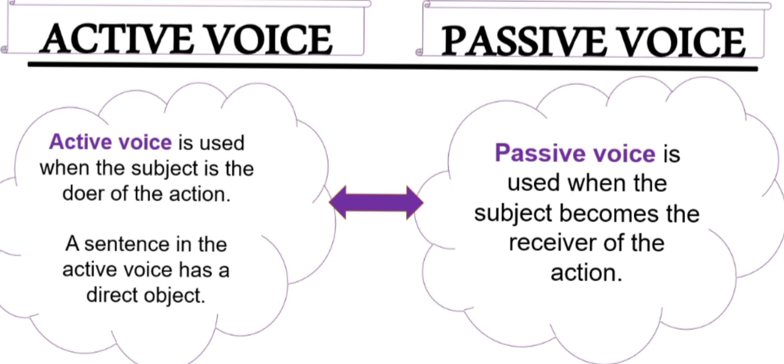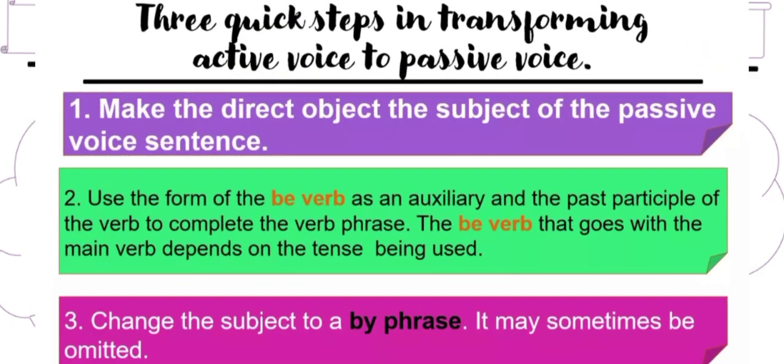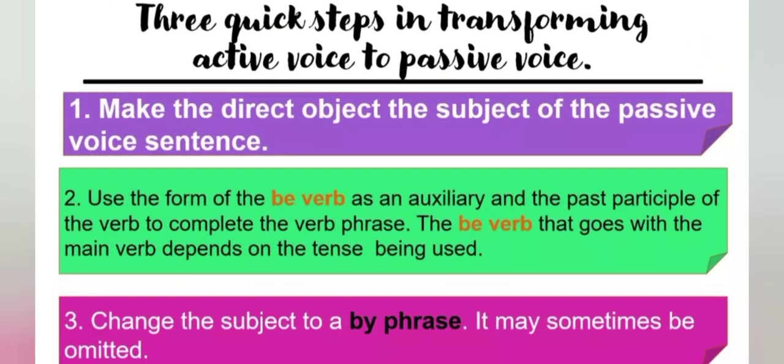Let's try to differentiate. Active voice is used when the subject is the doer of the action. A sentence in the active voice has a direct object. How about the passive? Passive voice is used when the subject becomes the receiver of the action. So for you to understand the differences between the active and the passive voice, let's have an example.